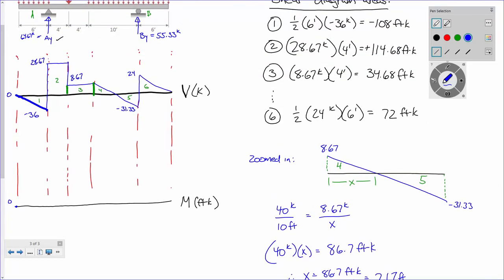Area number 1 was negative 108, right? So that means between here and this first point, I got to be at negative 108, okay? Now, how do I get there? I look at the shear diagram. See how the shear diagram goes from a little to a lot? Like the value goes from a little to a lot? Does everybody see that? Well, that means the slope of the moment diagram goes a little to a lot.